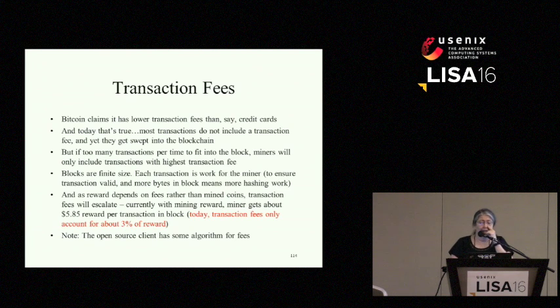So currently, it's about $5.85 reward per transaction in the block that the miners get, if you count both the transaction fees, which is only like 3% currently, plus the other thing.